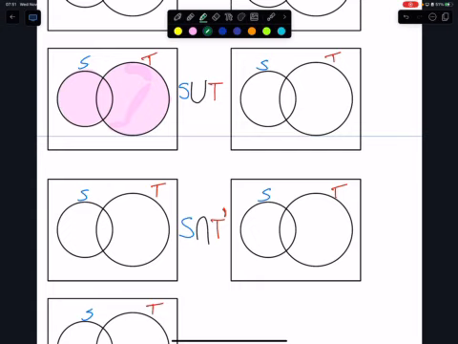S intersecting with everything that's not in T. So this is also in T, so this I do not need because it's also in T. Yes, outside as well. So the first thing I need is S. Start looking at that.